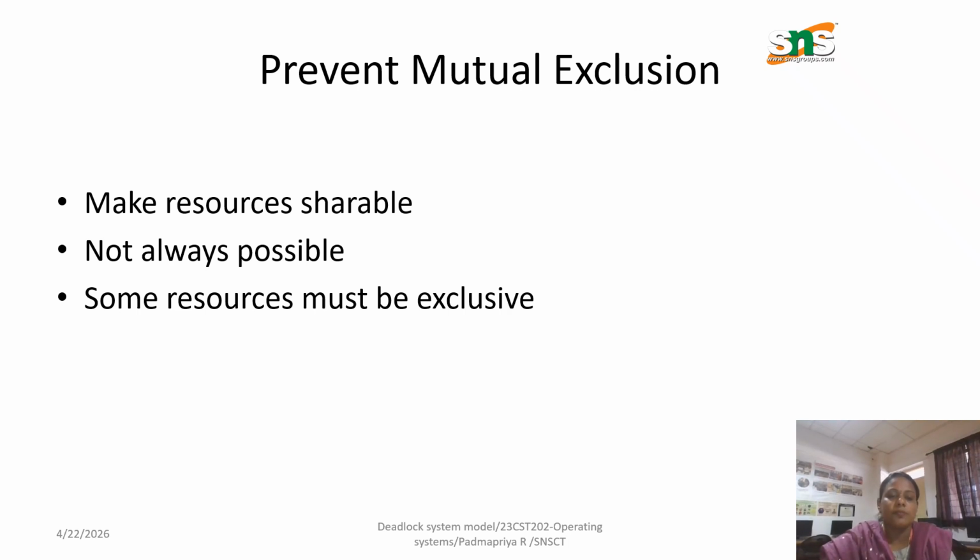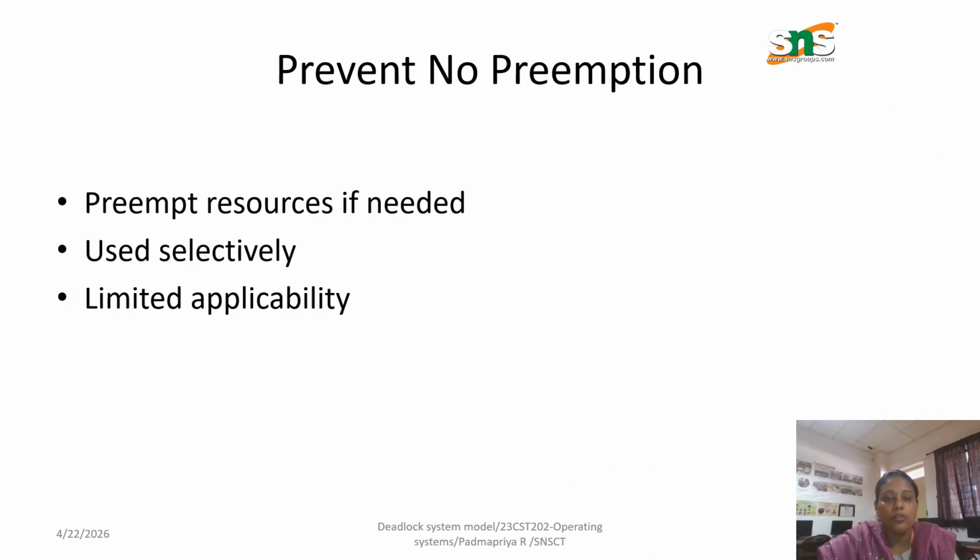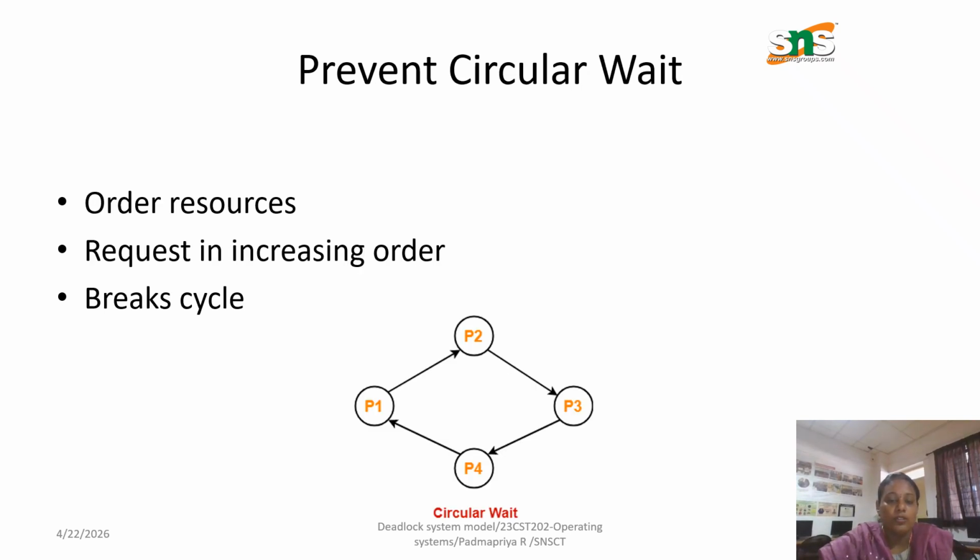So some resources must be exclusive. Then request all resources at once or release before requesting, with the risk of low utilization. To prevent no preemption, preempt resources if needed, used selectively for the process that needs it, with limited applicability. And this is preventing circular wait.